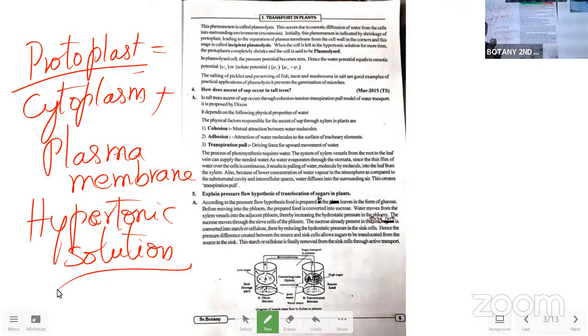Okay, the example, sugar syrup, not the sugar solution, sugar syrup, where only sugar will be present more in number than the water molecules, because sugar syrup is a very thick one. We cannot pour it very easily, isn't it? We need to put the pressure to pour the sugar syrup on any item with the spoon, just like honey. Okay, in the honey, water molecules are less and the sugar contents are more, na? That is like that. That is a hypertonic solution.